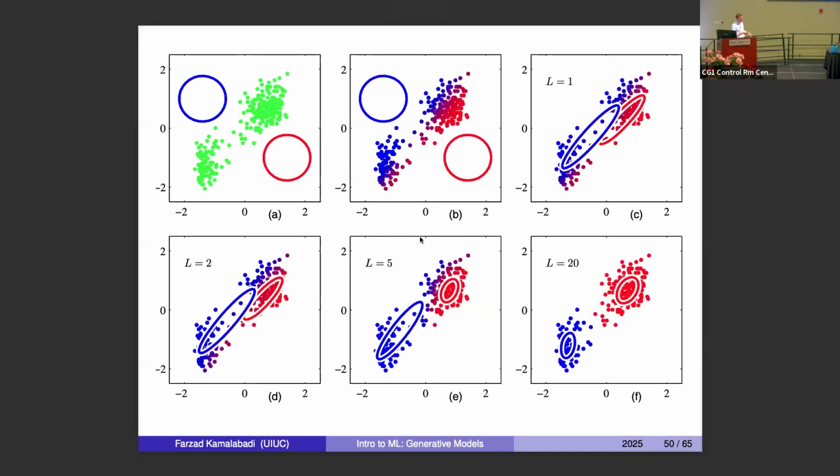Okay, here's an example. Two clusters. Remember, in k-means the picture was just a cross, just a point. But now I have a Gaussian, so you're looking at it from the top, right? Out of the screen, it has the shape of a Gaussian. And so I start with a mixture of two Gaussians.